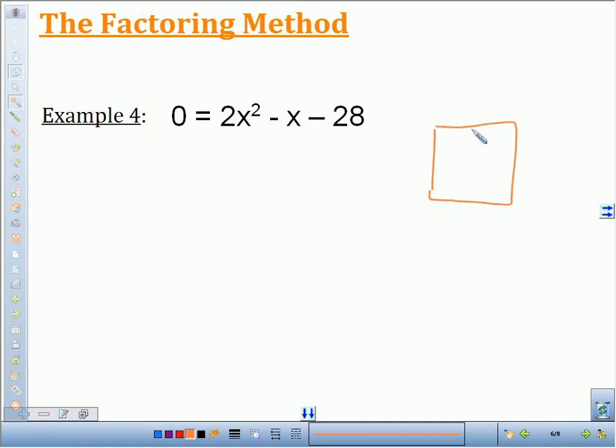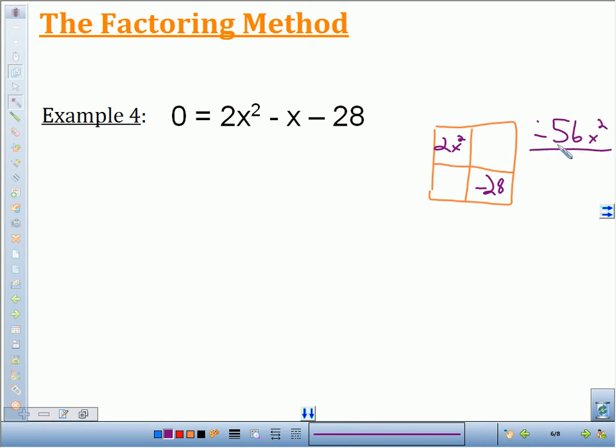And this factoring works exactly the same way factoring has since we started it. We take the first term, put it in the top left, last term, bottom right. We multiply them together, and in this case, we would get negative 56x squared.